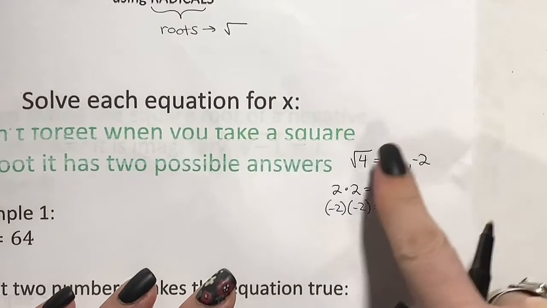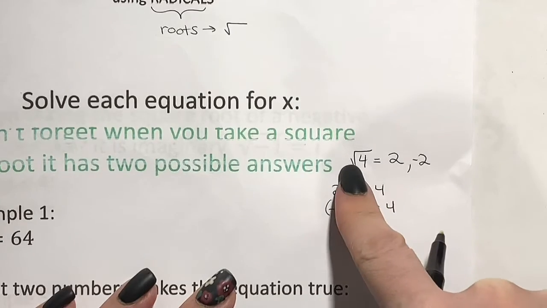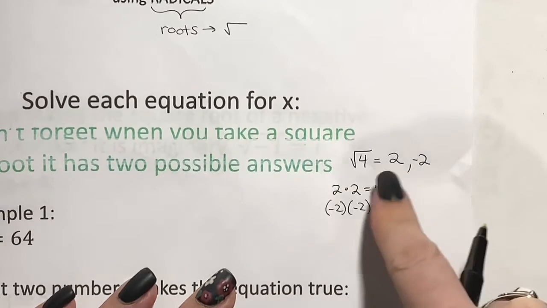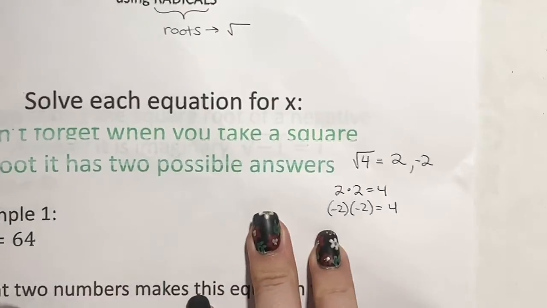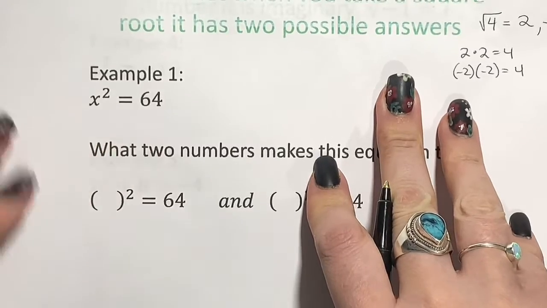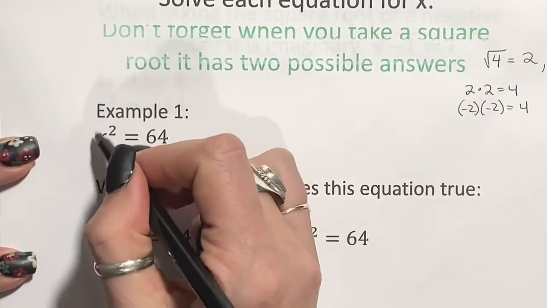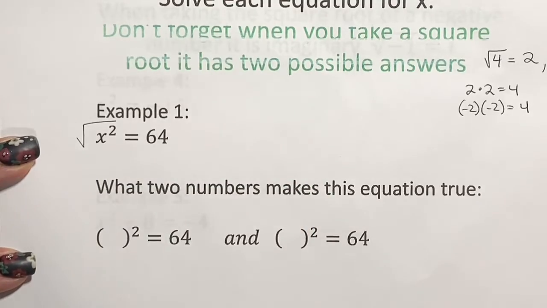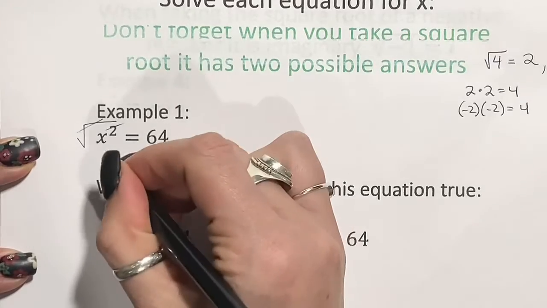A lot of people forget this, especially when we're doing simple square roots, like, oh, it's just 2. But don't forget that it's negative 2 as well, or you might get half your answer wrong. So here's an example. x squared equals 64. If I want to figure out what x is, to get rid of a square, I would do the opposite, which is square rooting it, because a square root and a square cancel each other, and I would just get x back.